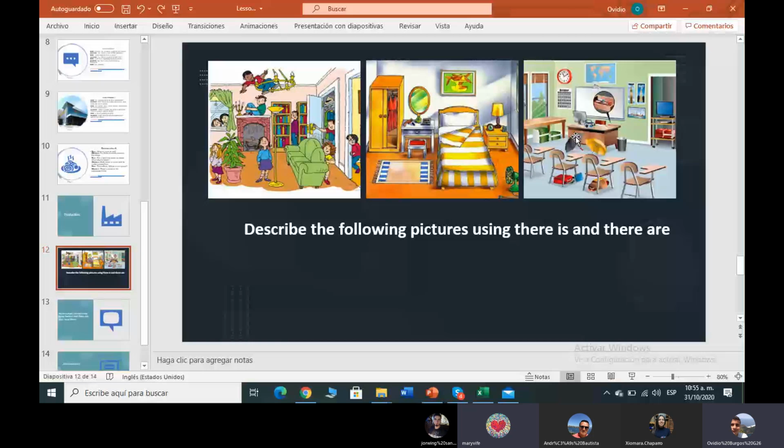There is a table, there is a chair. There are 4 chairs. There is canvas under side in the floor. No, there are 2 canvas in the 2 chairs on the floor.